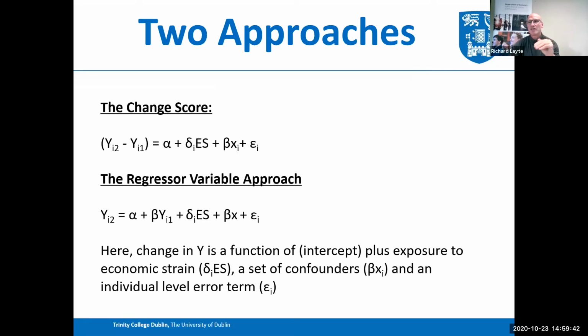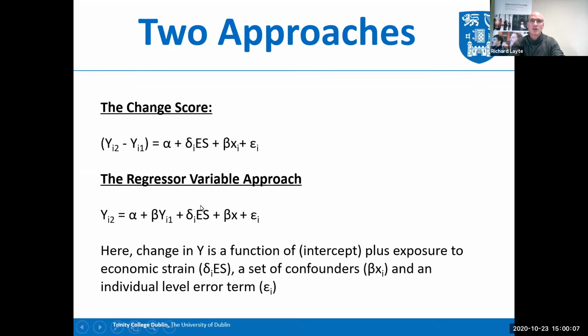Measurement error at both points in time pushes the effect down, which is less of an issue with the regressor variable approach, but really they're going to give you much the same kind of effect. So a very simple approach to get an insight into change over time for a very important issue in terms of the effect of economic strain on child outcomes.